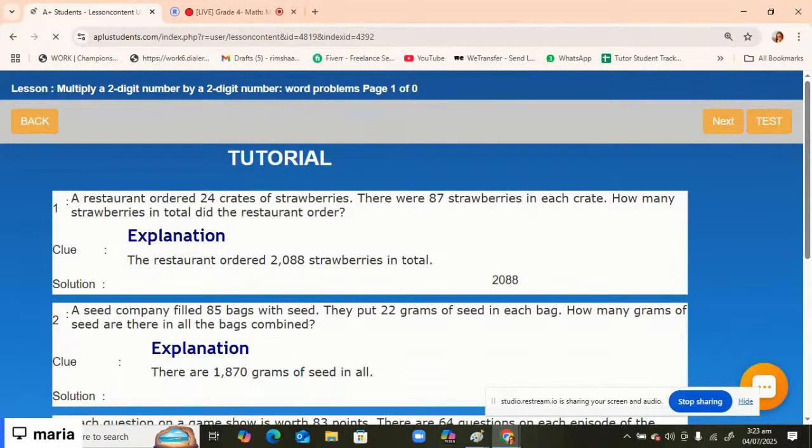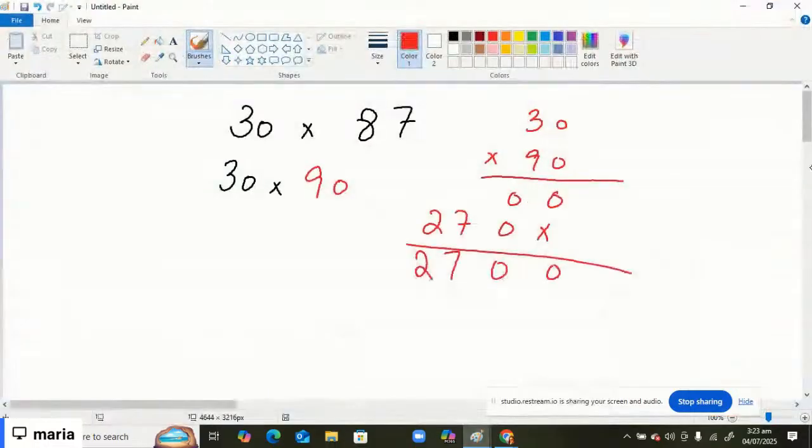A restaurant ordered 24 crates of strawberries. There were 87 strawberries in each crate. So how many strawberries in total did the restaurant order? So we are going to multiply these two numbers, 24 times 87. Let's see the answer then, okay?